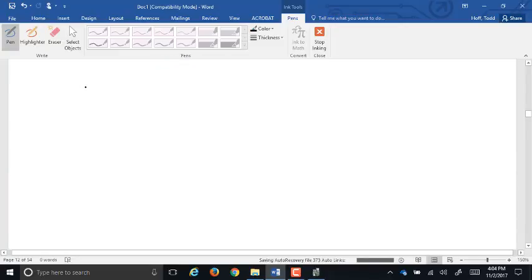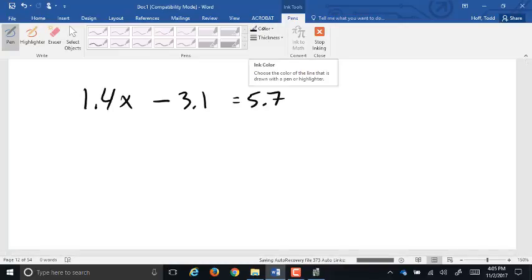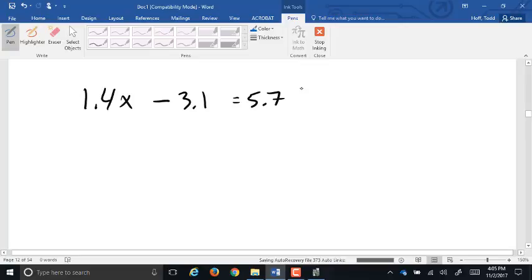They don't all come out quite that neatly. We might have 1.4x minus 3.1 equals 5.7. What are we going to do here? We're going to add the 3.1. Good.